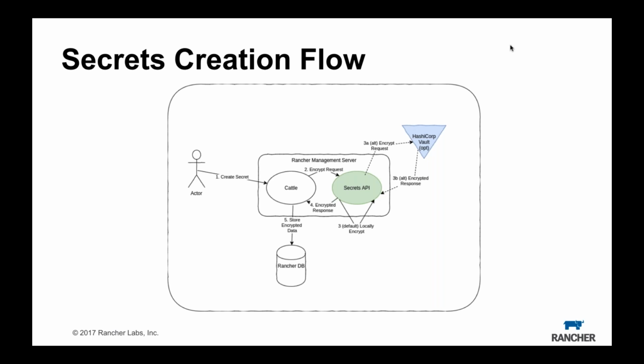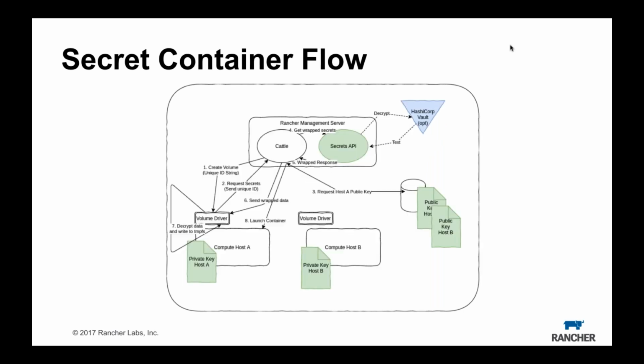It's then sent from the Rancher server to the secrets API for encryption. And the secrets API will then either forward that along to Vault for encryption there, or it will use a locally stored key to encrypt the data and then send back that response to Cattle, which then stores that encrypted data in the database.